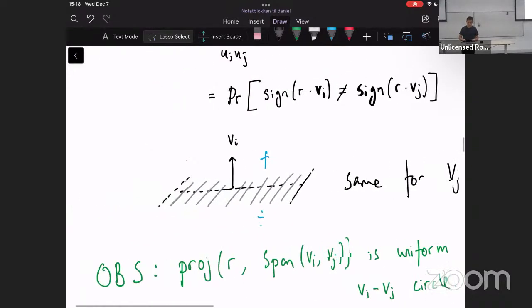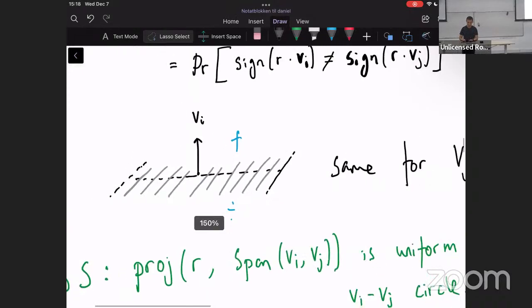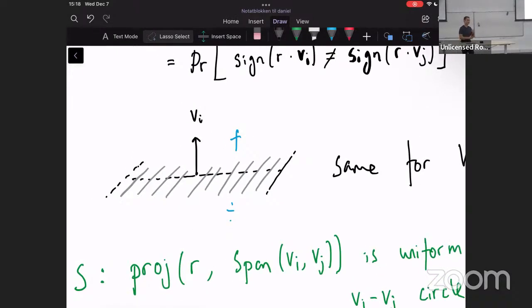Okay, now here is an observation, and that is, the sign of vi dot r depends only on the projection of r onto vi. So if you look at the vector vi, you picked r, then you project r onto vi, and you see, does it point in this direction or in that direction? And that determines whether vi goes on the A side or the B side of the cut. And the same thing for vj.